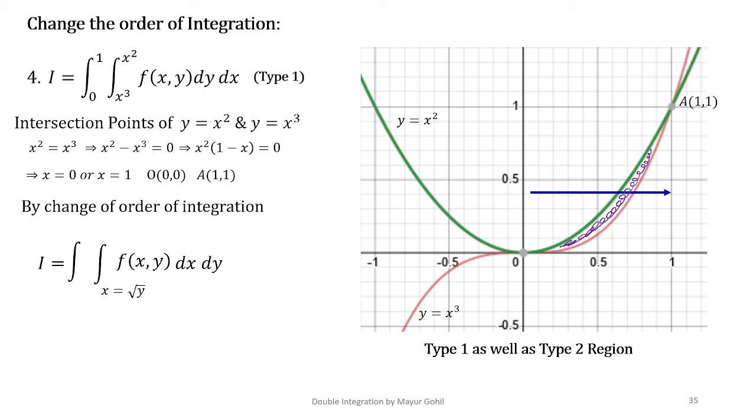Now the line is exiting over here at the red curve, y equals x cube. Again it is in the first quadrant, so when I take the cube root, it gives me x equals cube root of y.